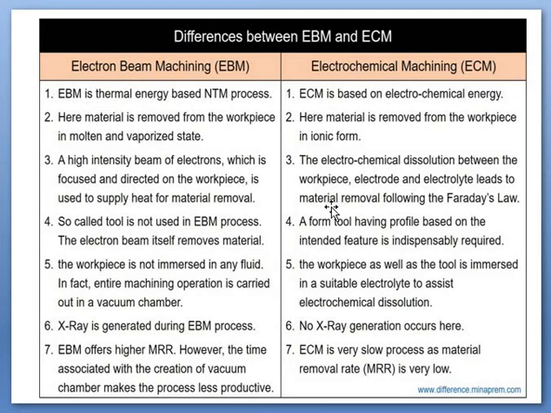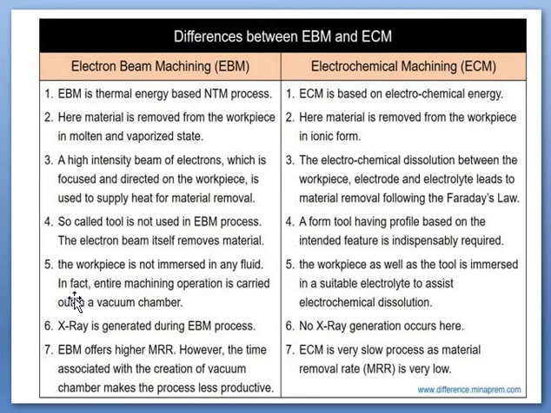Right? The fourth point of comparison between EBM and ECM: a tool is not used in the EBM process, the electron beam itself removes the material from the workpiece. Means the tool is absent in EBM, whereas a form tool having a certain profile shape is used as a tool in the electrochemical machining process.